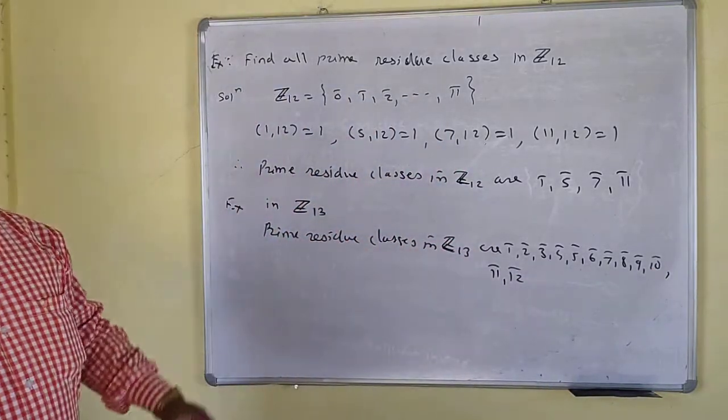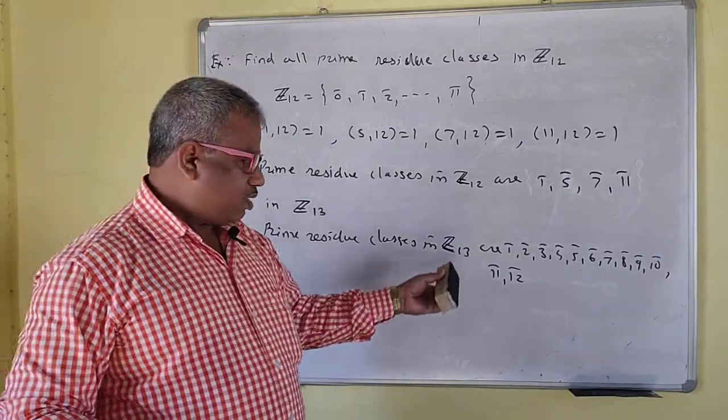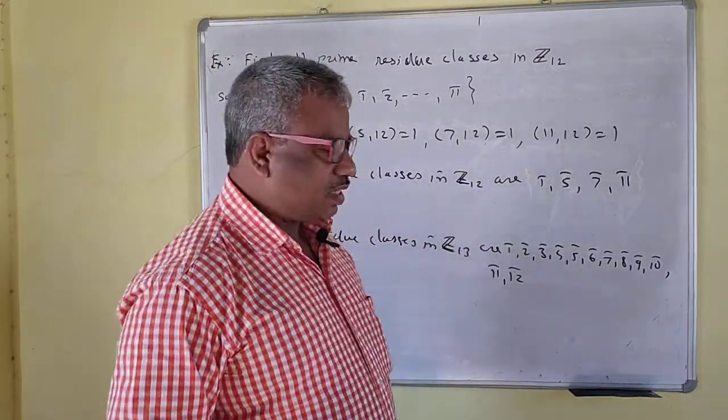Don't write 13 bar. In Z13 there are 13 numbers, 0 bar to 12 bar.